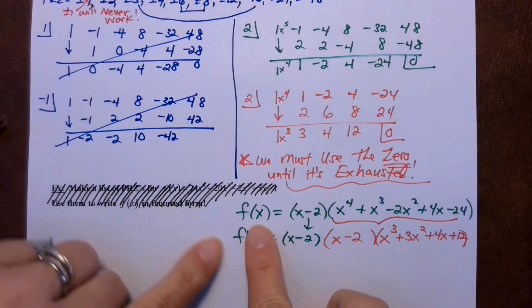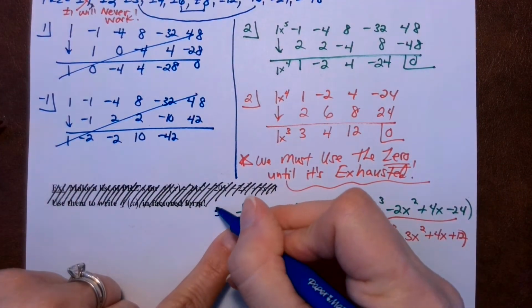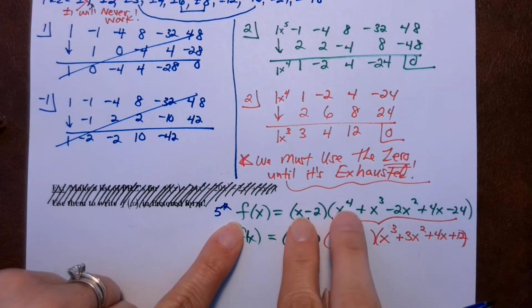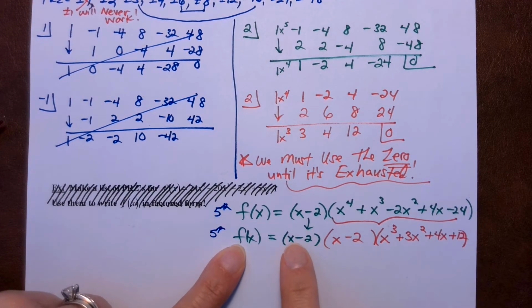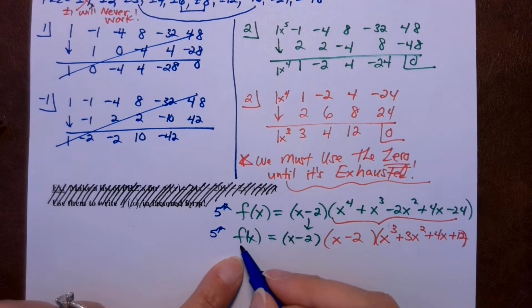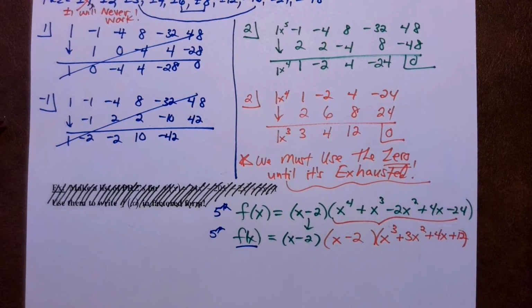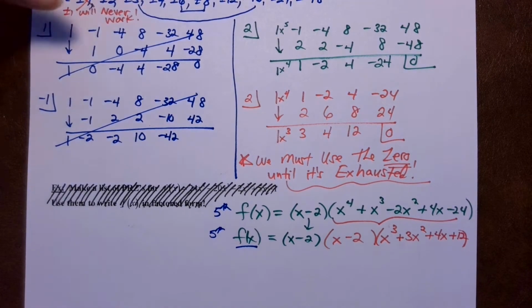When I wrote f of x here, is he a 5th degree on this line? Yes, 1 and a 4. Is he a 5th degree polynomial here? Yes, 1, 2, 3, 4, 5. Every time I write f of x, he better be a 5th degree polynomial. He can never turn into a 4th degree. Are we done? No, we're certainly not done.